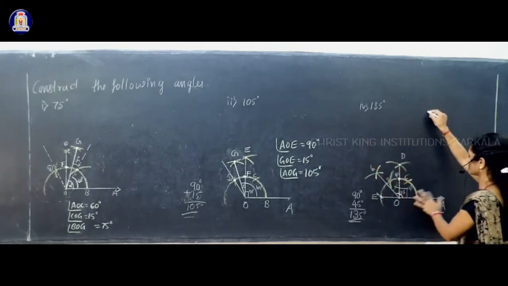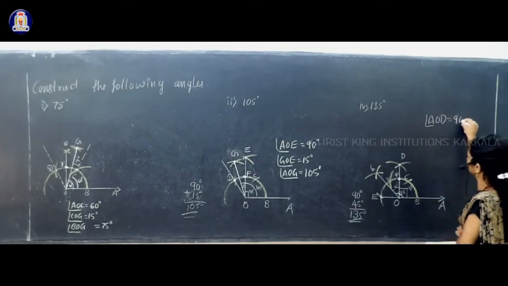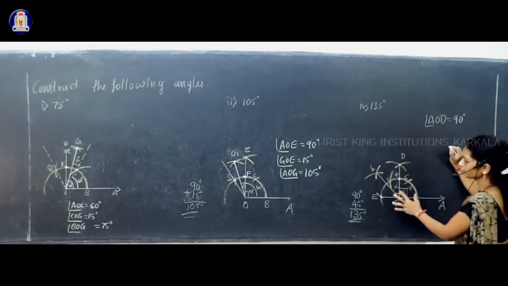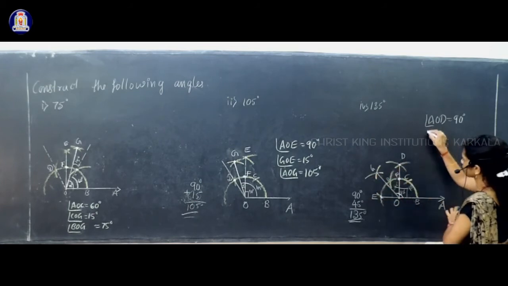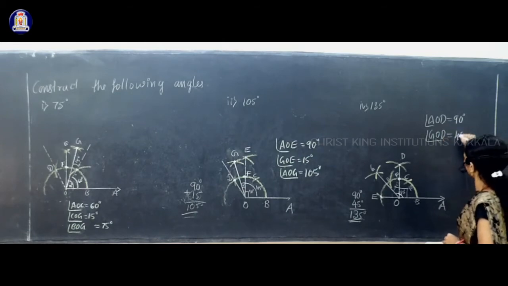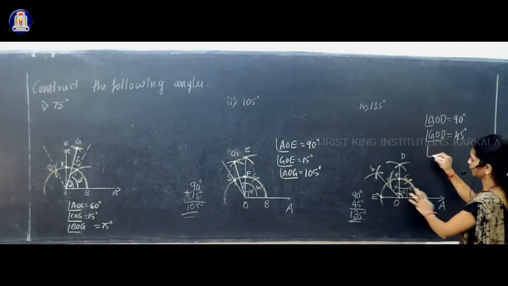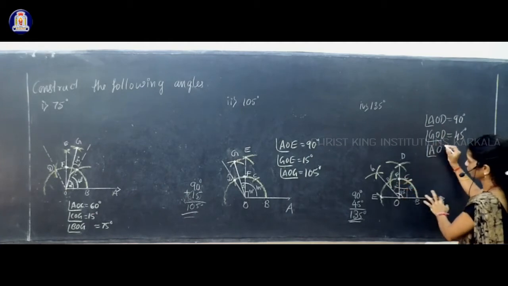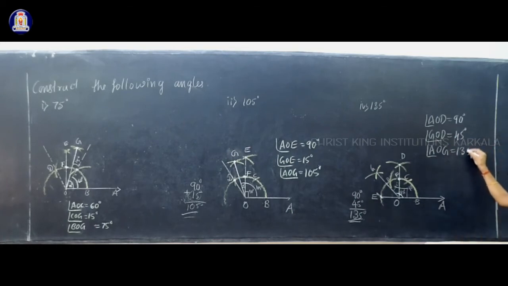First we did this 90 degree angle AOD, that is equal to 90 degree. For that we added half of the next 90 degree, angle GOD, that is 45 degree. These two together, angle AOG, equal 135 degree.